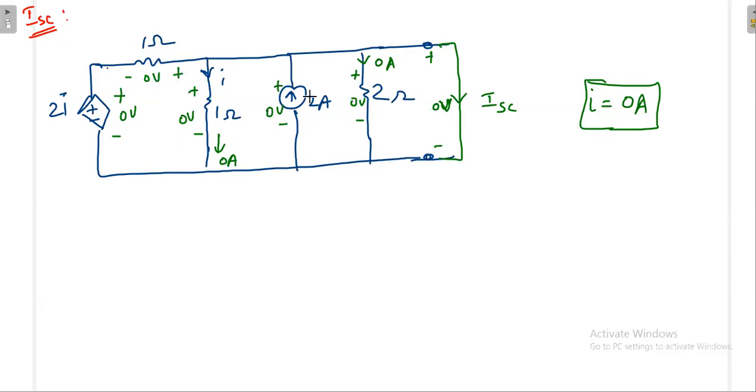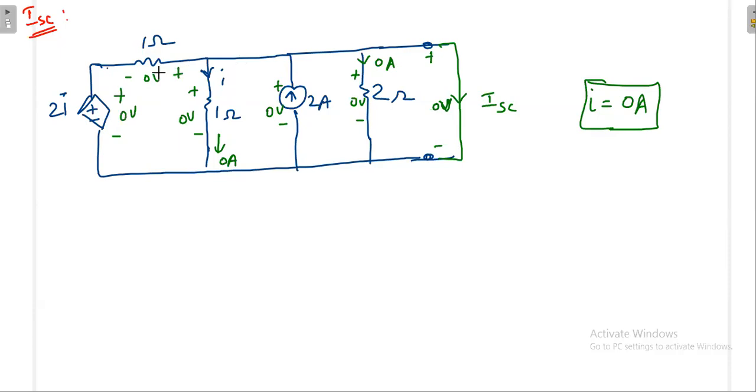Now, where is this current going? Either it goes like this or it goes like this. In which path will the current go? That confusion will arise now. If this is 0, this is also 0. Now the current here is 0 ampere.